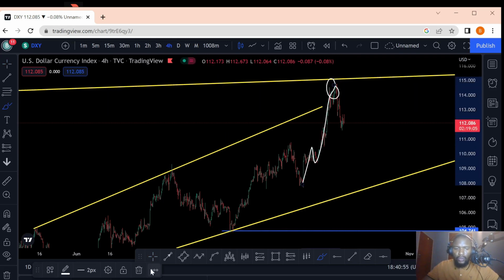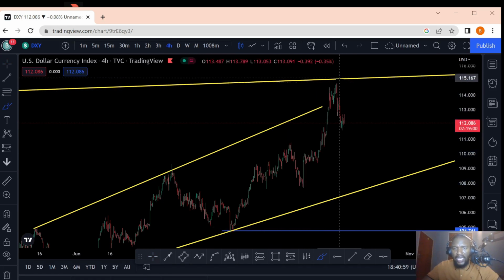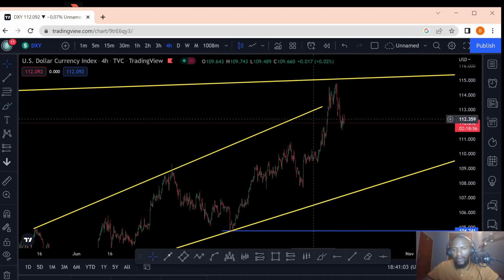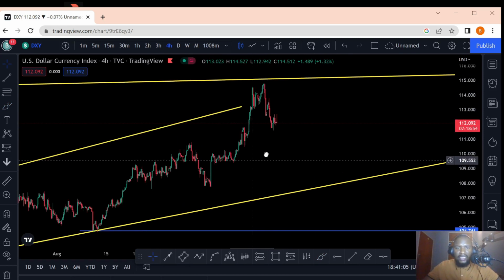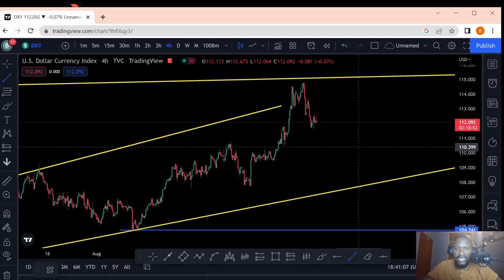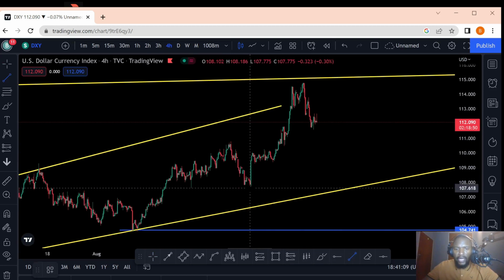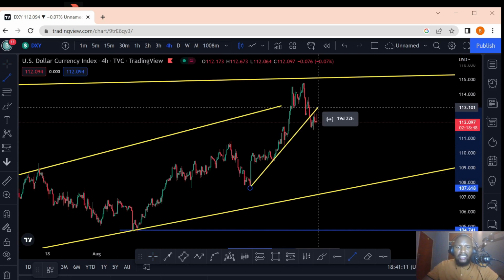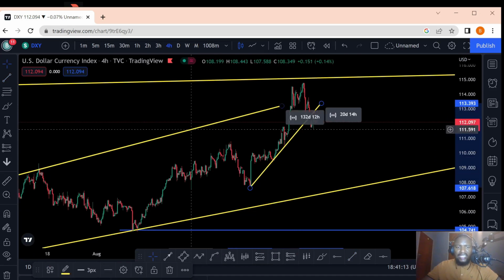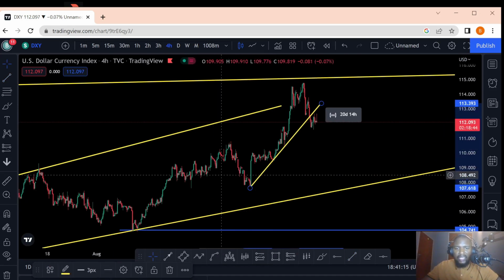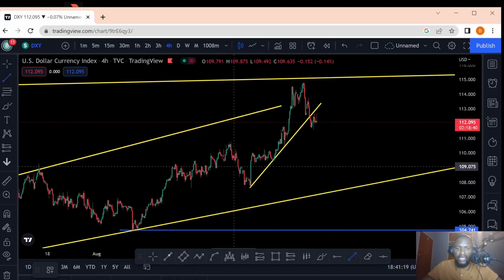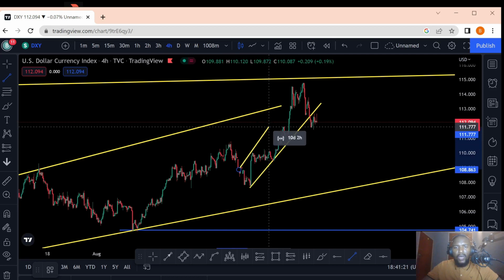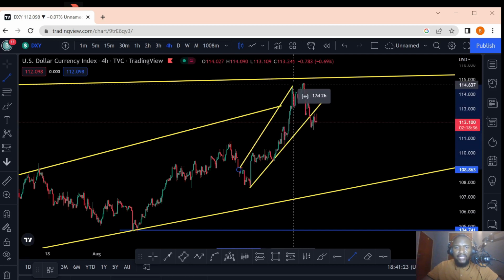So our third touch was actually hit with an impulse, and upon our impulse we had some sort of channel going out of our channel. It's a channel inside a channel, so this gives us an indication that the market went to the outside with a channel.